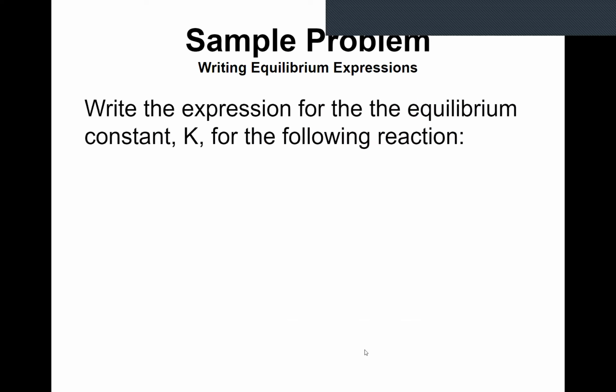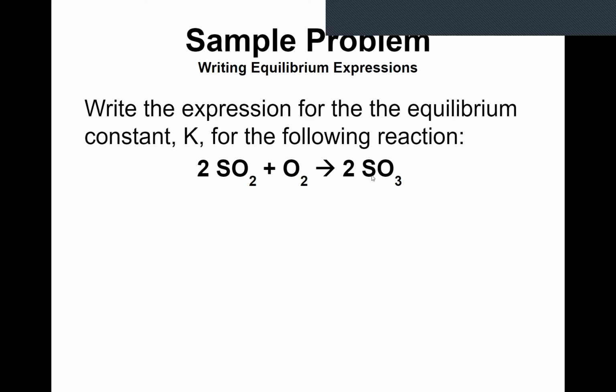Okay, let's take a look at a sample problem. Write the expression for the equilibrium constant K for the following reaction. 2SO2 plus O2 yields 2SO3. We're going to consider the products first, the things on the right side of the arrow.